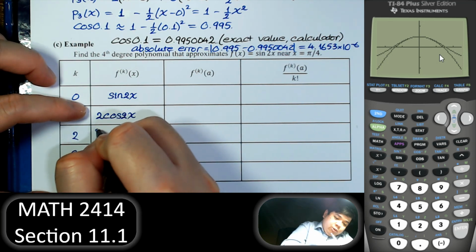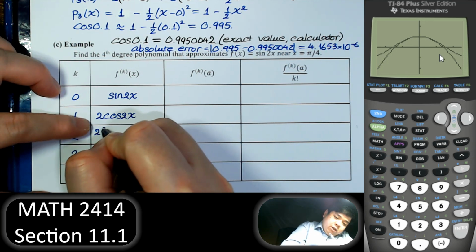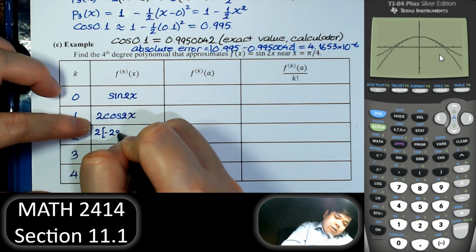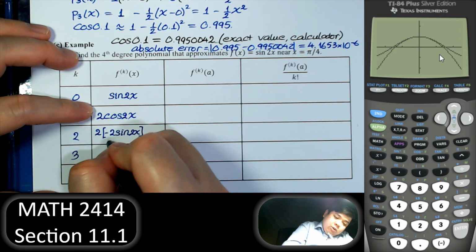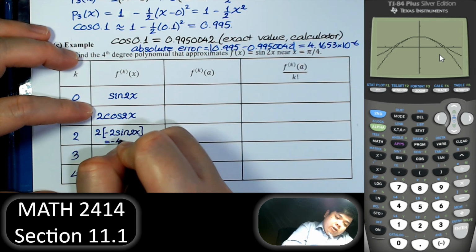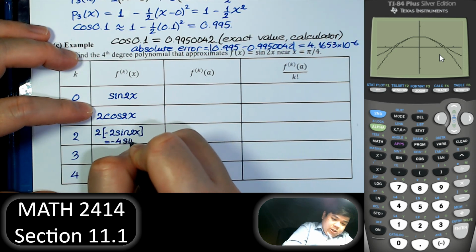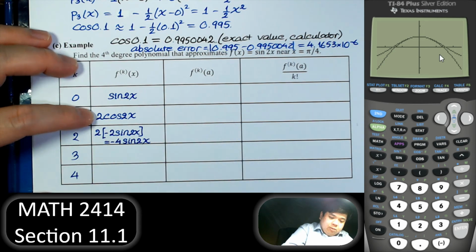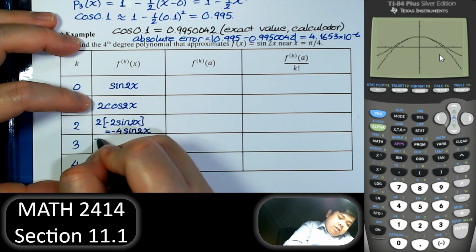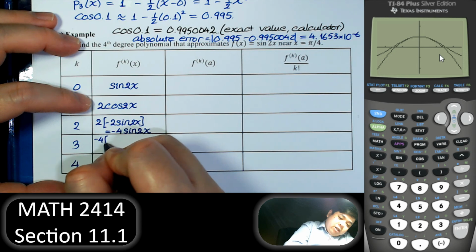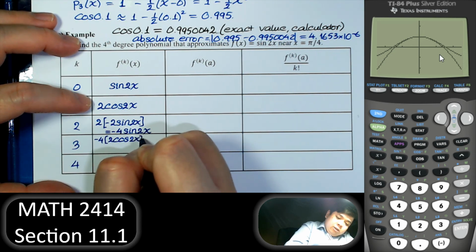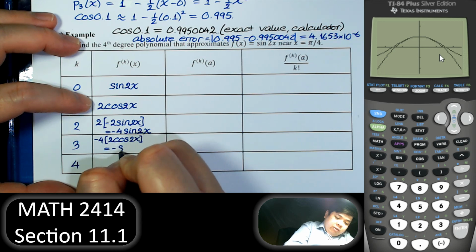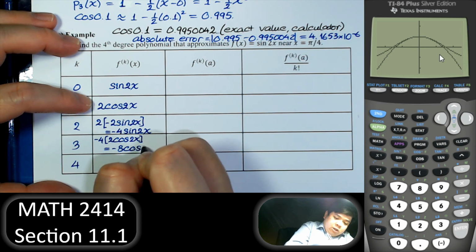It's going to be 2 times the derivative of cosine, which is negative 2 sine of 2x. So that gives us negative 4 sine of 2x. And the derivative of negative 4 sine of 2x is negative 4 times 2 cosine 2x, so negative 8 cosine 2x.